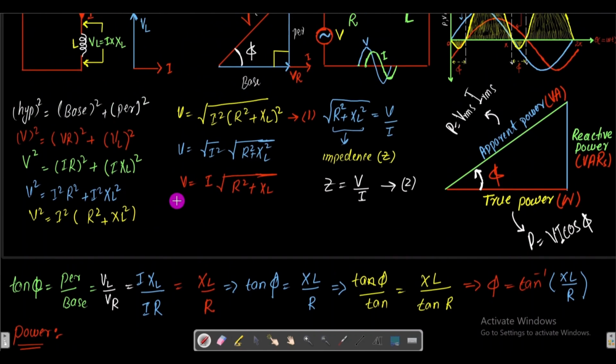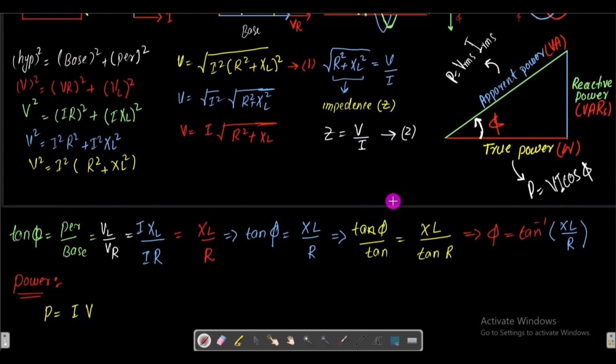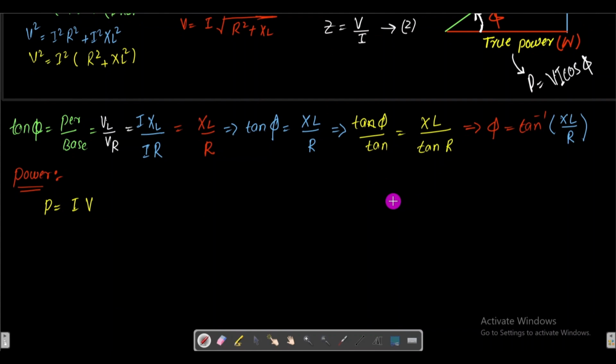Now you may wonder which voltage we will take here. The voltage we will take is this resultant voltage, which is given by this, and the current we will take this. In the phasor diagram the current is this, and the current is lagging behind that voltage. We will take the values of that here.